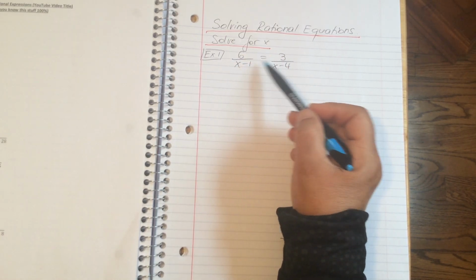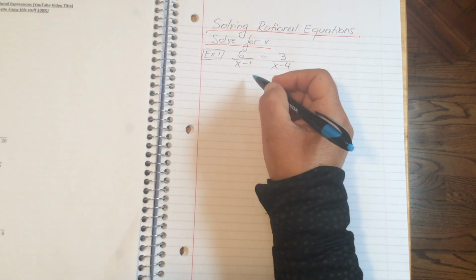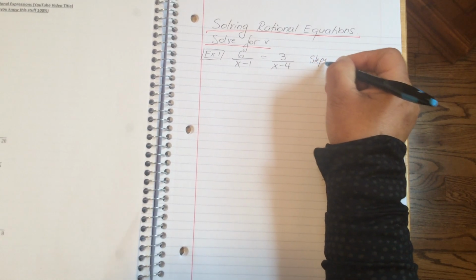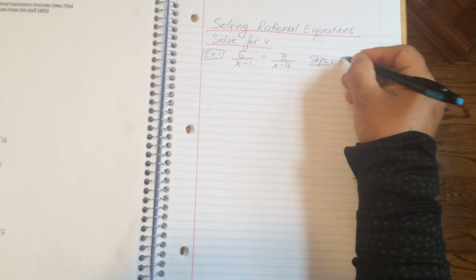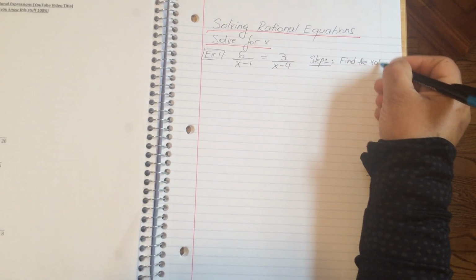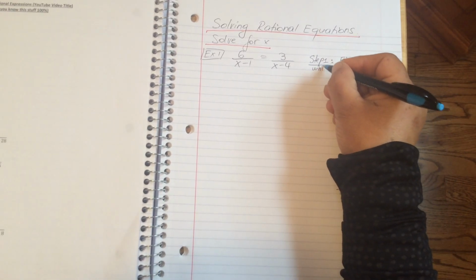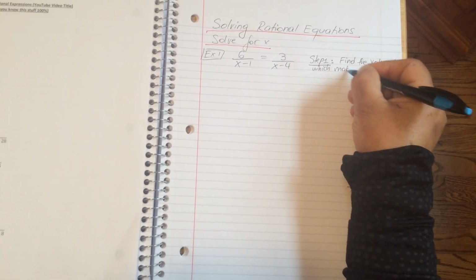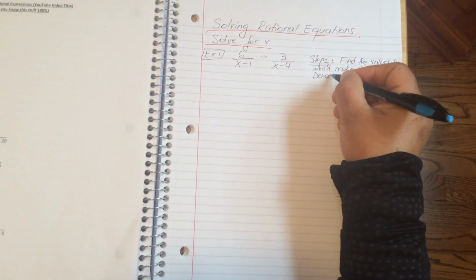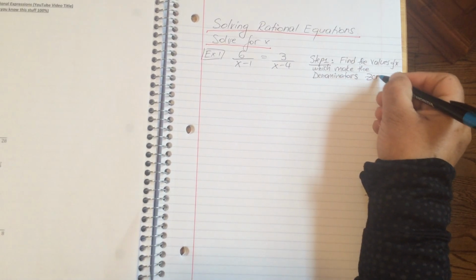Since the equation contains fractions, what we don't like? We don't like denominators to be 0. So the first step is to find the values of x which make the denominators zero.